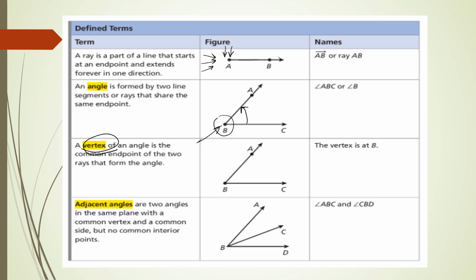Similarly, the vertex is a defined term because we know where it is located and how it is located. Now, adjacent angles are two angles which are located side by side, near each other, and they share their vertex, yani their vertex is common.